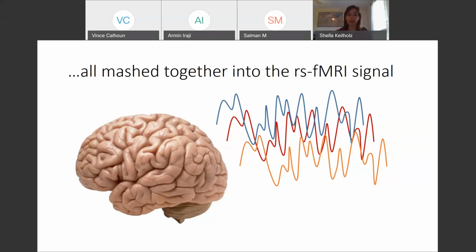So if we take what we can learn about those processes and try to use that to extract information from the BOLD signal, it might be that we can do a better job of splitting up some of these components so we can understand more about what we see changes in when we go to, say, the patient population.